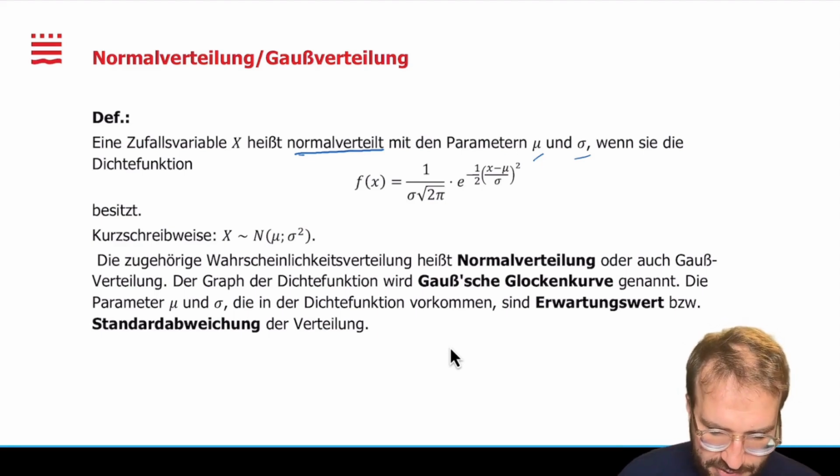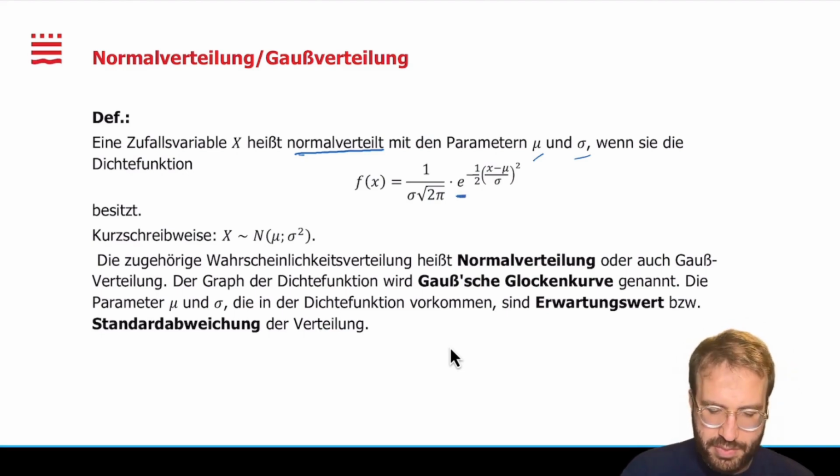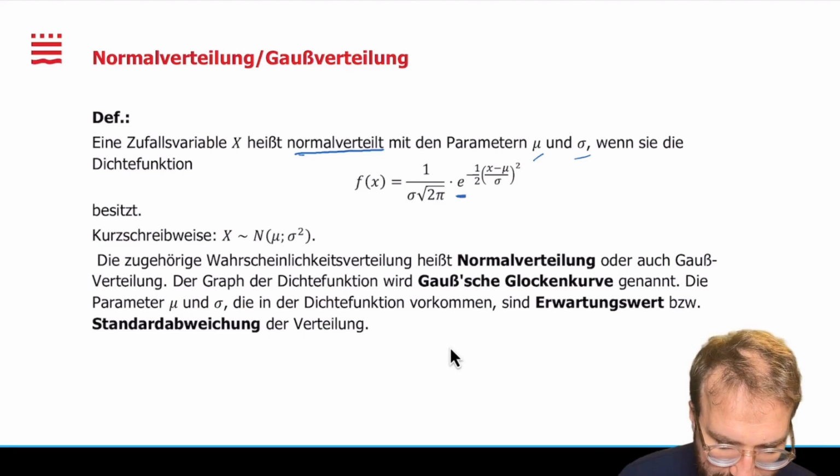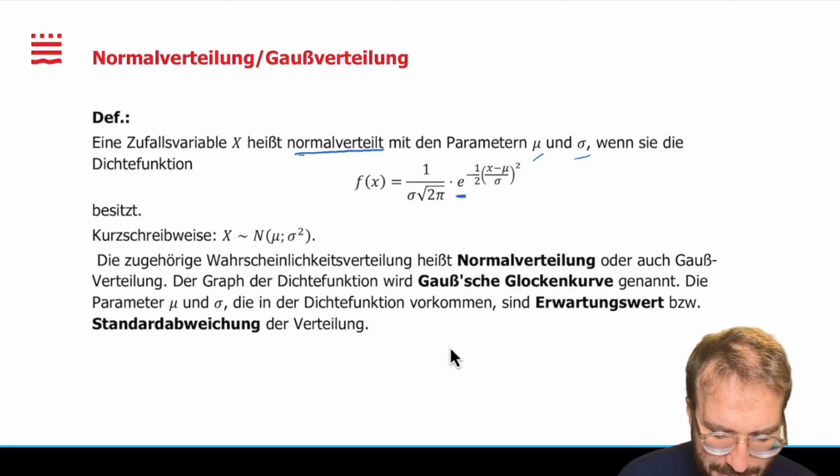And it looks like this. The most important thing is that we have an exponential function. And then we have minus 1 times x minus mu divided by sigma, squared. So that's basically our exponential part.